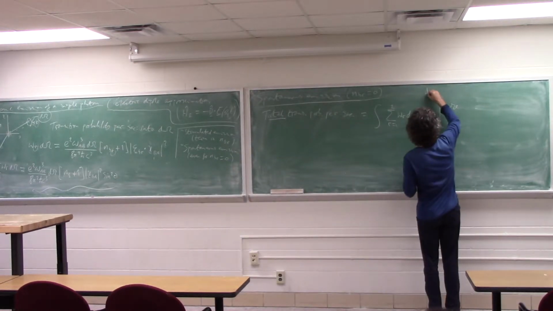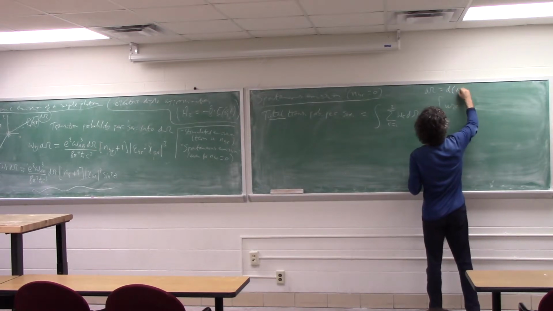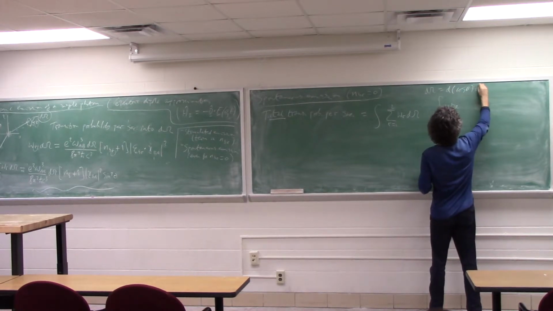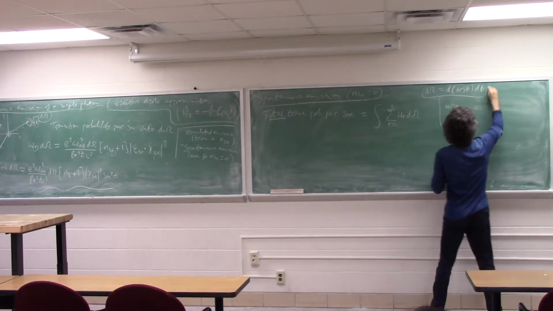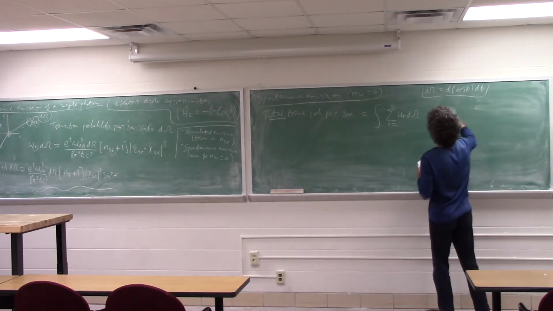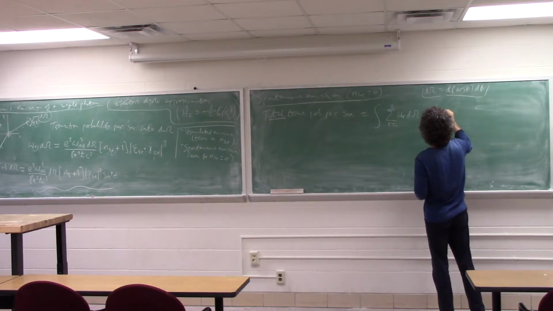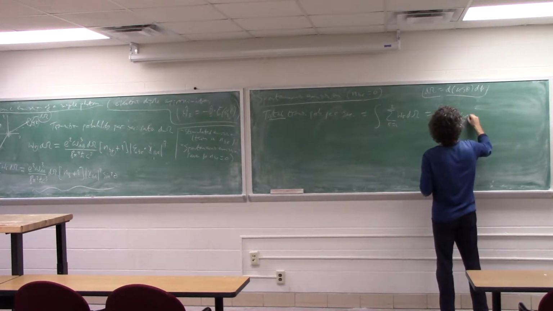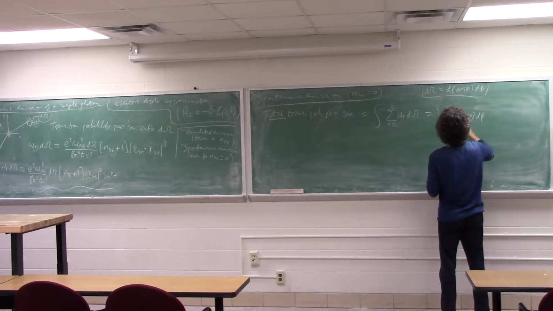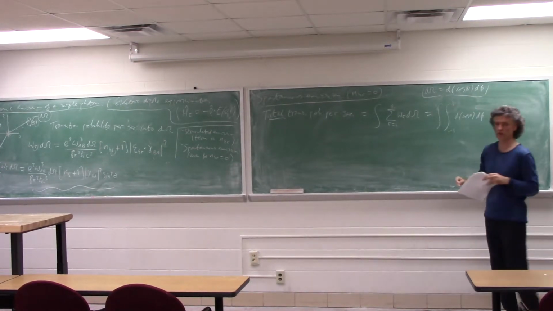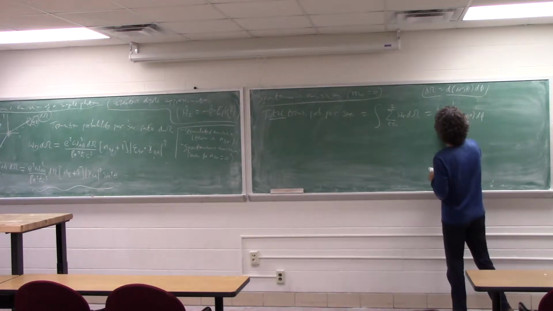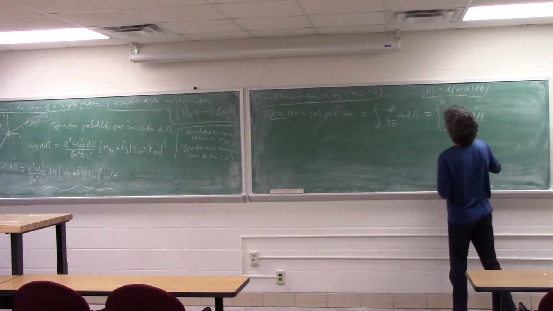So d omega is d cos theta d phi. So let me just remind you in case you've forgotten, what does this mean? d cos theta goes from -1 to +1, d phi goes from 0 to 2 pi.